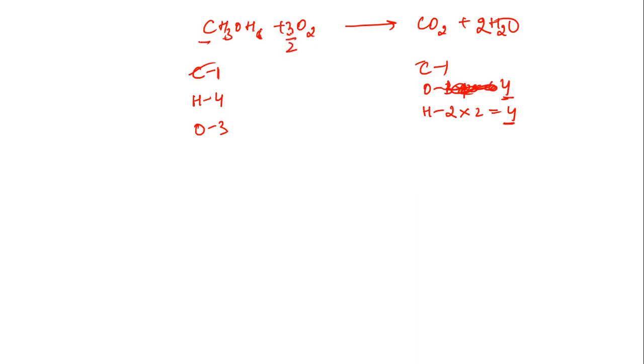Now you have 6. 3 by 2, 3 by 2 into 2 is equal to 3. So yes, 3 divided by 2 is 1.5 only, na? But we know that we can't leave it in fraction. So what we can do, we have to multiply this whole equation by 2. So it will become 2, 3, 2, and 4.